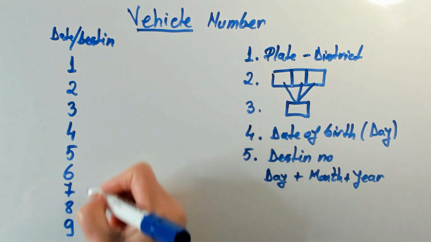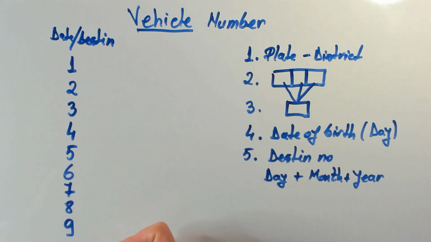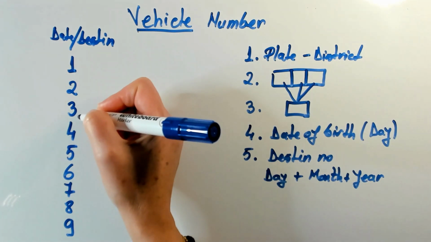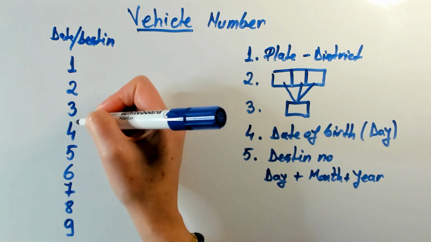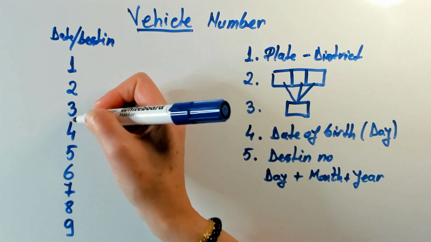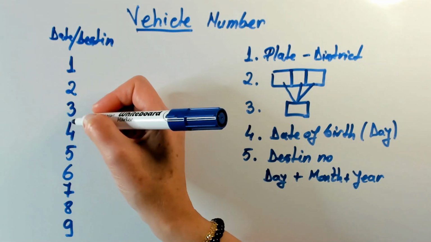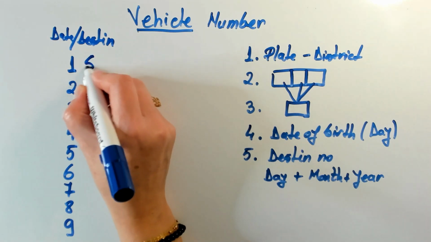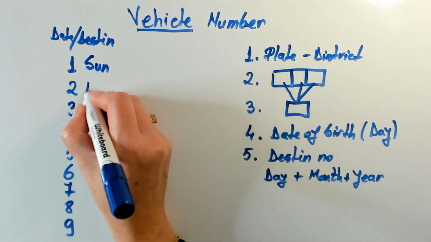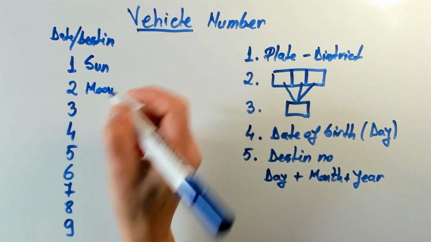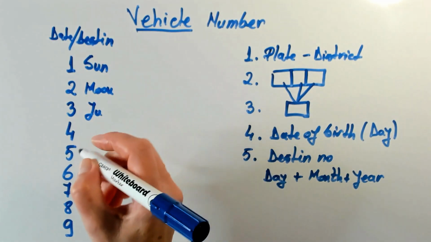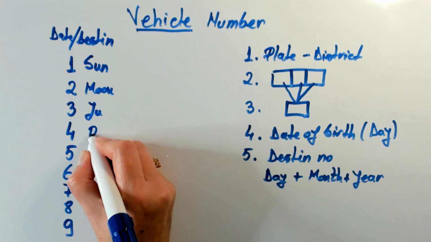Now, when you see these numbers here, you need to remember that every single number is ruled by a planet at the same time. So if we write the planets, 1 is ruled by Sun. 2 is ruled by Moon. 3 is ruled by Jupiter. 4 is ruled by Rahu.